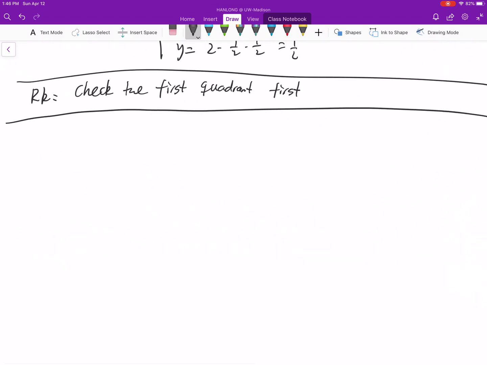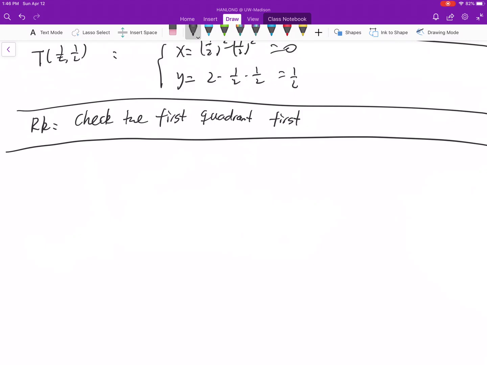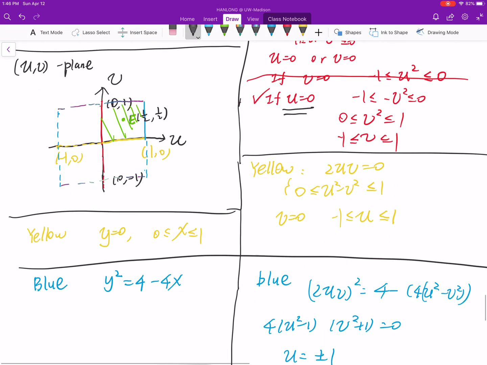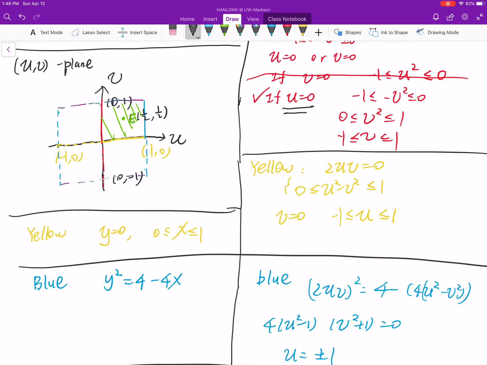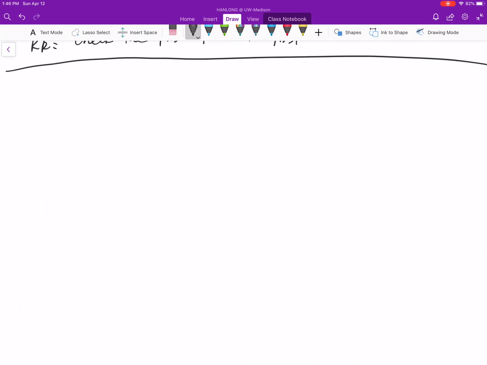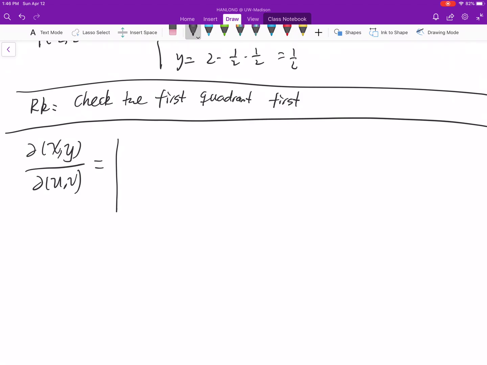Okay, then you figure out the domain. Now you only need to integrate on this cube. So the remaining stuff is to compute the Jacobian. This part is easy. So recall x is u squared minus v squared, y is 2uv.